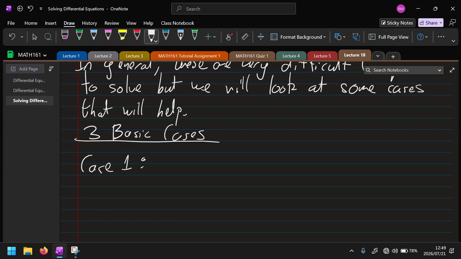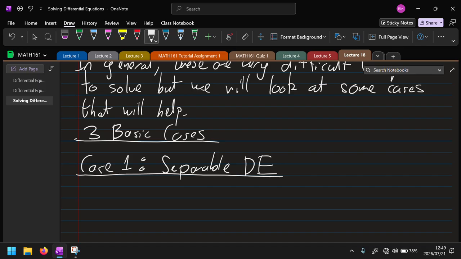So case 1 is if we have a separable differential equation. Okay, so that's the name for the case. So a differential equation can be separable or not separable. So if it is separable, then we can use case 1. If it is not separable, then you have to look at case 2 or 3. It's like a yes-no type of thing. Is it separable? We can do case 1.